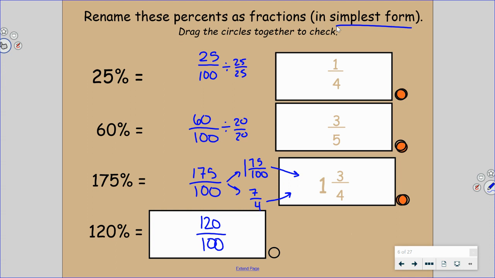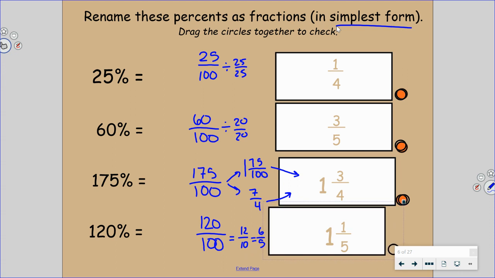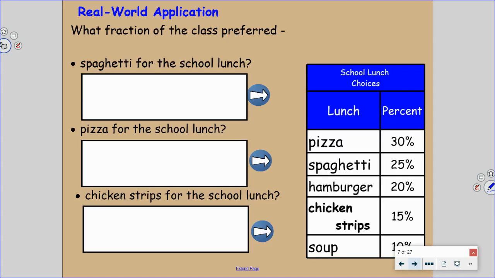That's the nice thing about mathematics. You got two different paths leading to the same answer. 120%, you could reduce that by 10. You could reduce that by 2. And of course, you could rewrite that as 1 whole and 1/5. So pause if you need. Rewind the video if you need any more help, any further lesson on turning percents to fractions.